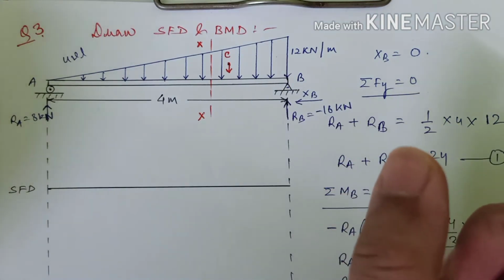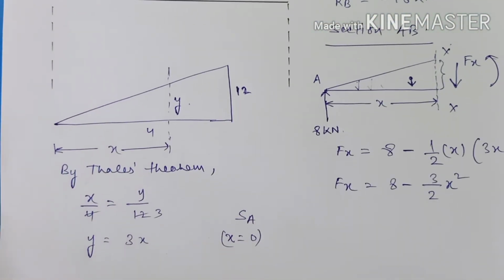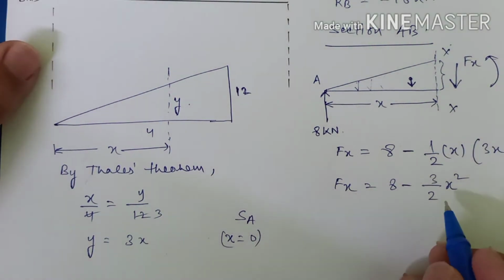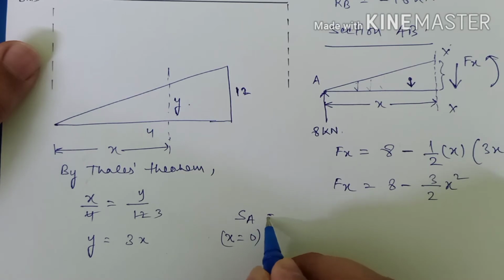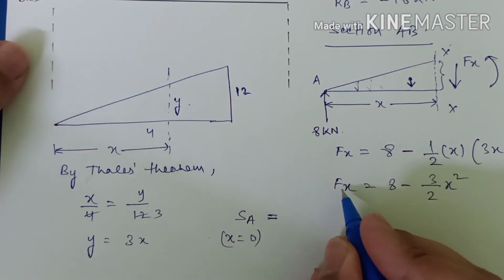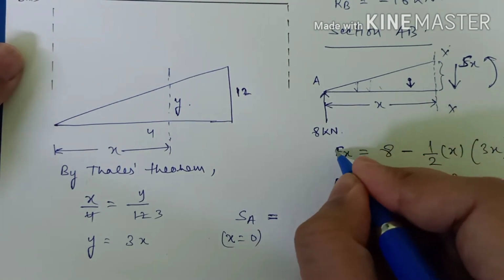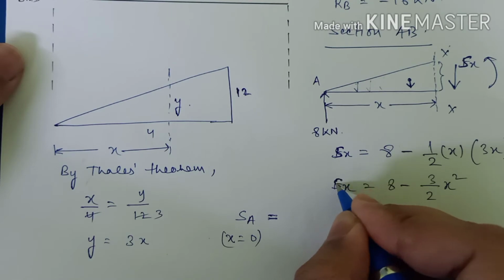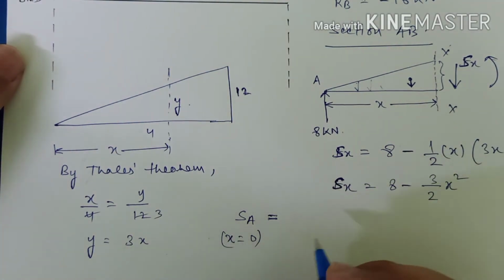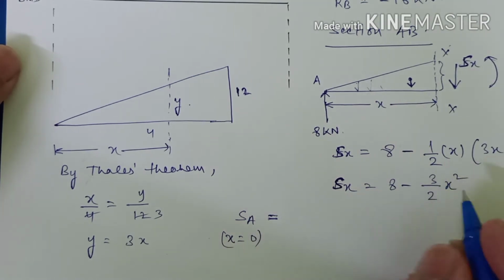At point B, the value of x will be 4. At A, the value of x will be 0, so just put 0 here. I have written F over here, so let me just write S. It's the same thing, shear force, nothing else. If you put 0, this part will become 0.